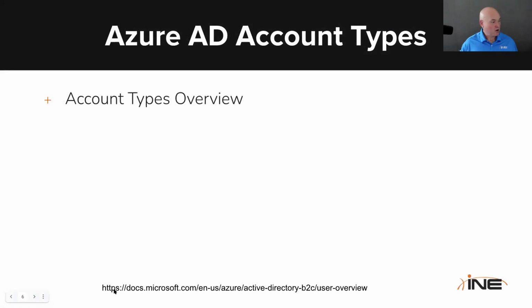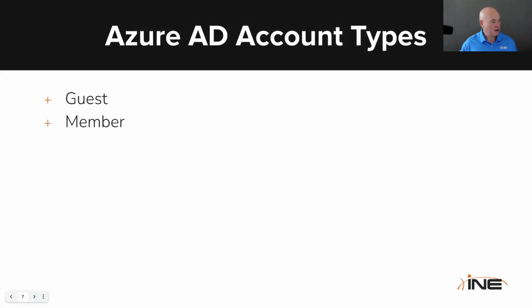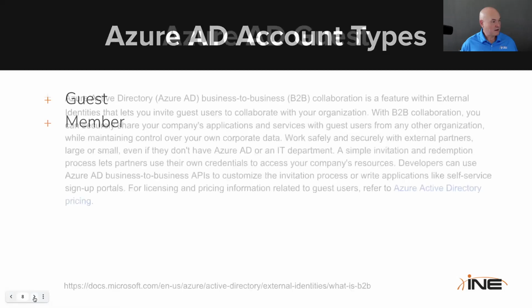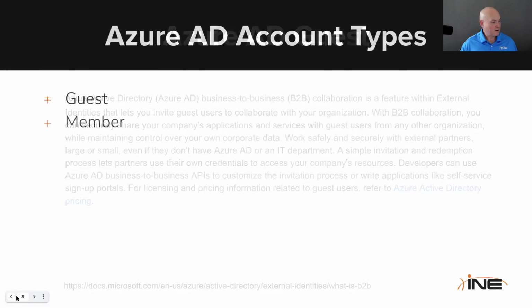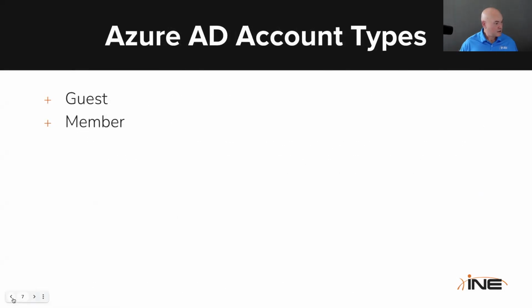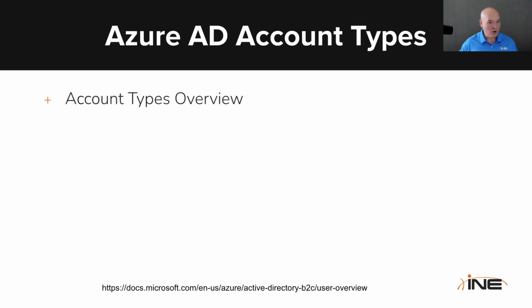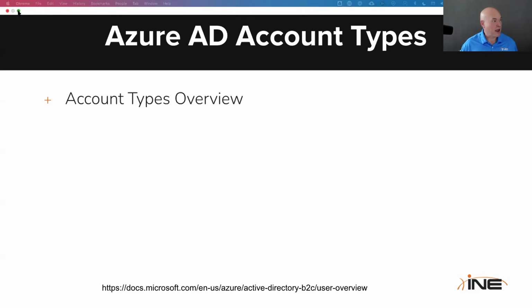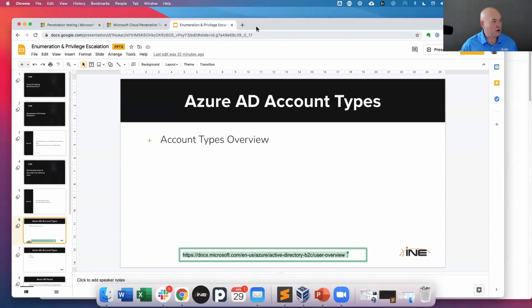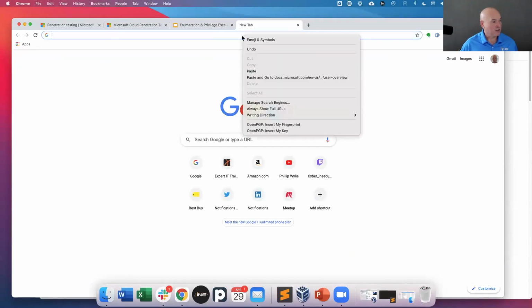And so first we'll do an overview of Active Directory account types. And it's really interesting how much they've simplified the account types with Active Directory and Azure compared to the traditional legacy Active Directory.